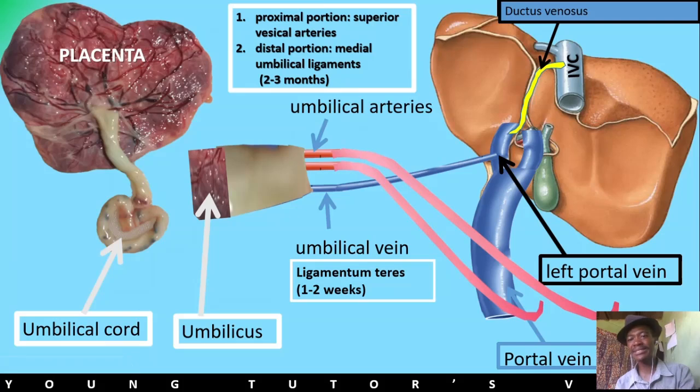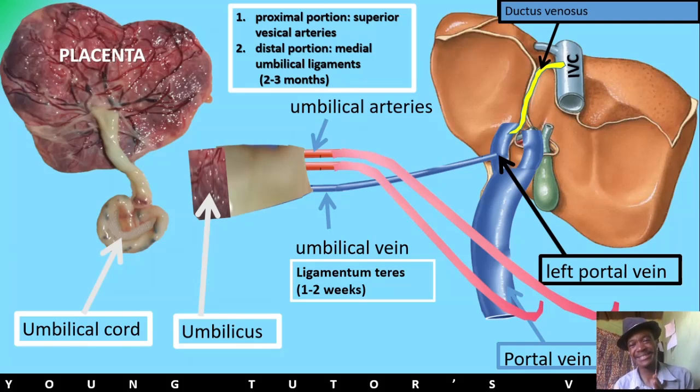Because of that low supply of blood to the ductus venosus, it will also begin to lose its fibrinogen. It will lose also its prostaglandins.